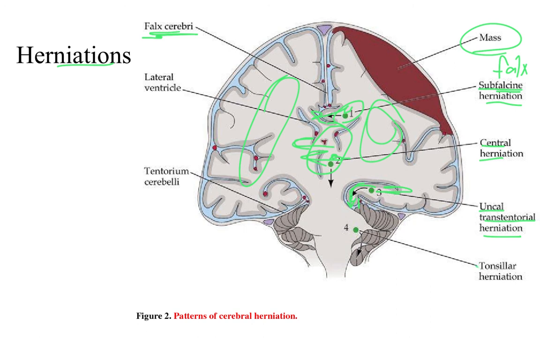And the last one is a tonsillar herniation. And you notice with a tonsillar herniation, what you'll usually see is the tonsils of the cerebellum move through the foramen magnum. So you have part of the cerebellum moving outside of the skull. And that's definitely going to be a life-threatening condition unless it is treated almost immediately.